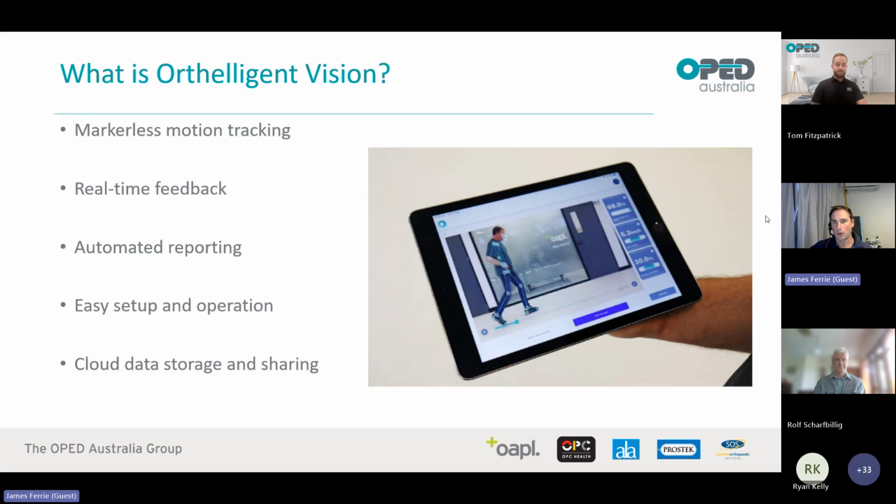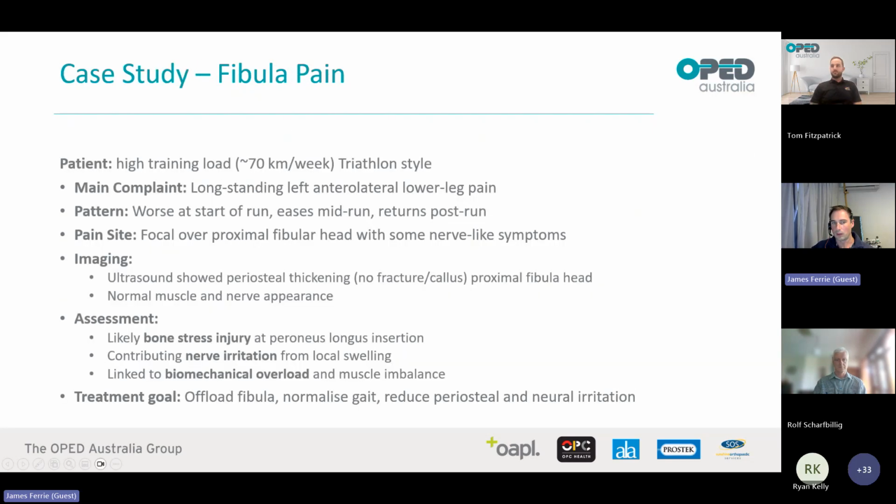What I'll hope to show you is 3 clinical cases where I found it to be really useful. Hopefully we've got some time at the end to go through some questions. As I said, I'm not an expert at this stage. There is a lot of data that this AI can produce, and it is really helpful for, as Tom said, educating patients, that sort of patient buy-in.